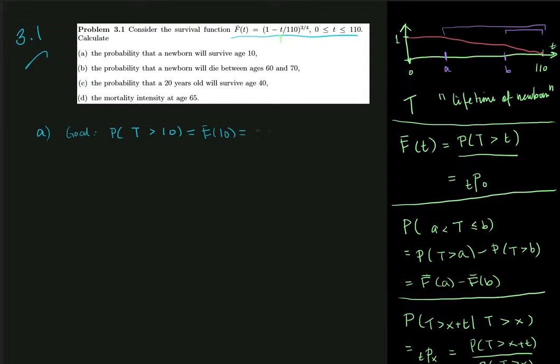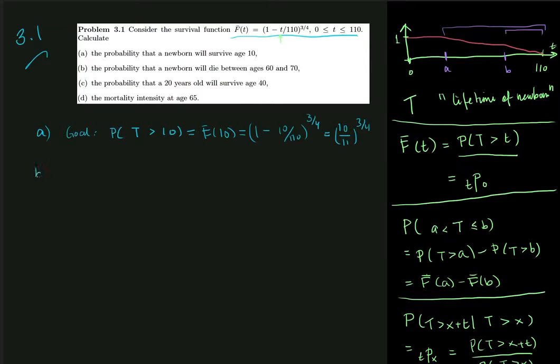And this gives us 1 minus 10 divided by 110 to the 3/4. Fraction-wise, this is equal to 100 over 110, so 10/11 to the 3/4 power. And you can finish this calculation on your own if you want to find the numerical value.